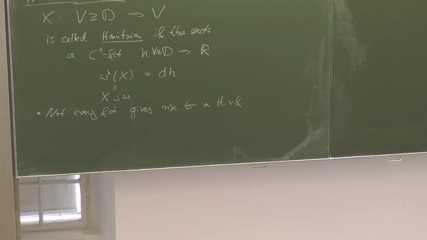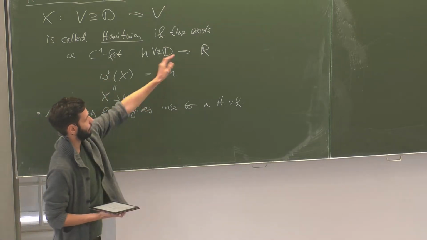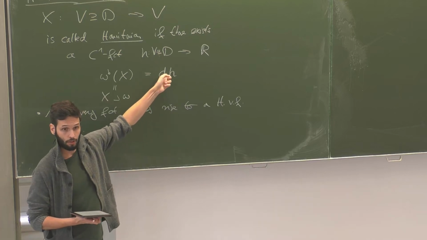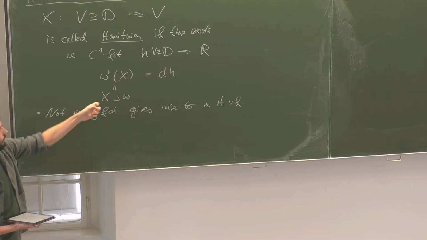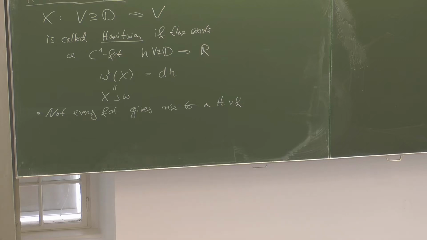In finite dimensions, we have every function, we have an associated flow of the Hamiltonian vector field. But since omega flat might be non-surjective, we might find a function such that the d of that is not lying in the image of omega flat. So we can't find a vector field corresponding to these kinds of functions.